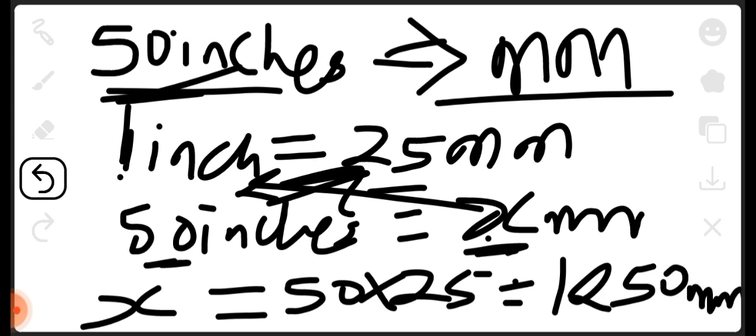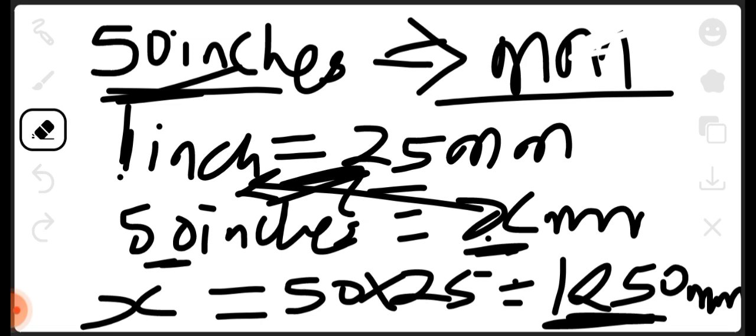So 1250. Some people call it 1200. But remember we are moving to meters. I've already moved to millimeters. Now let's move it to meters so that we know what we are doing here.